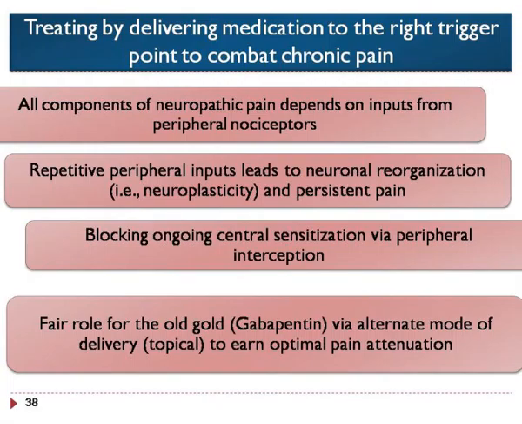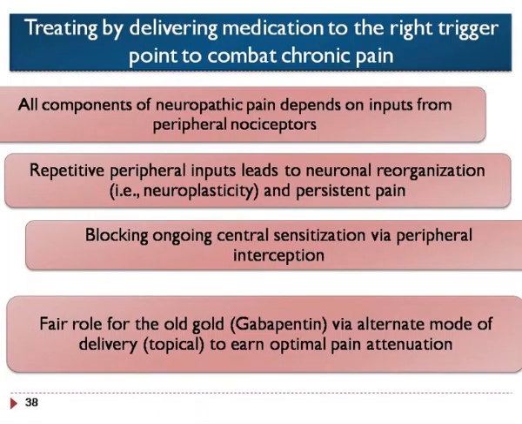Repetitive peripheral inputs lead to neuronal reorganization and persistence of pain, that is the neuroplasticity mechanism. Blocking ongoing central sensation via peripheral interception will be more rewarding, and there is a fair role for the old gold gabapentin, because gabapentin has stood the test of topical application, showing effect and getting minimally absorbed.